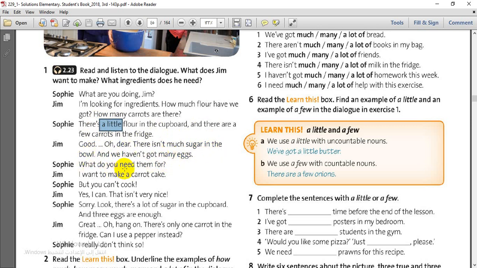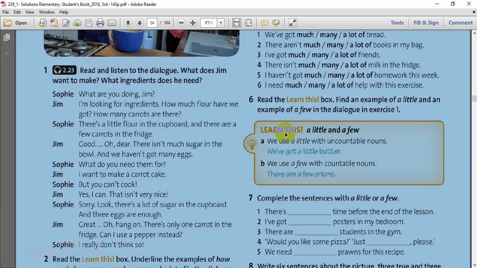What do you need them for? I want to make a carrot cake. But you can't cook. Yes, I can. That isn't very nice. Sorry. Look, there's a lot of sugar in the cupboard and 3 eggs are enough. Great. Oh, hang on. There's only 1 carrot in the fridge. Can I use a pepper instead? I really don't think so.